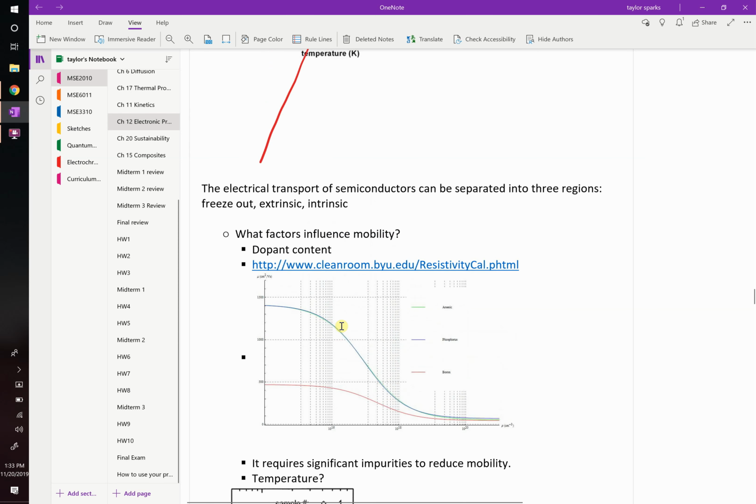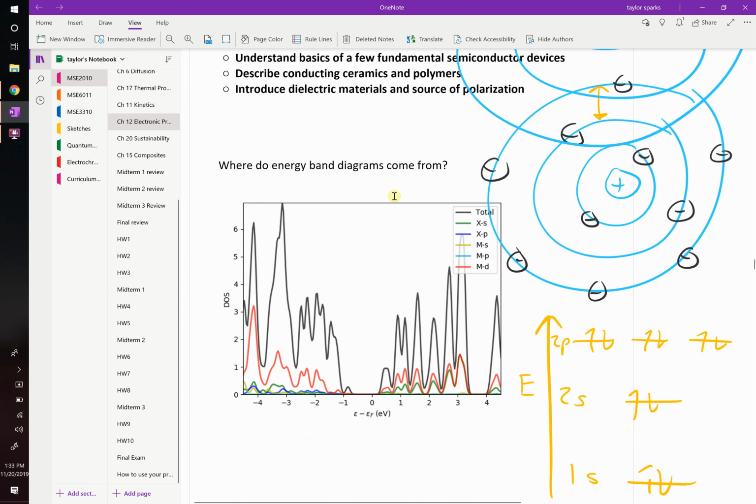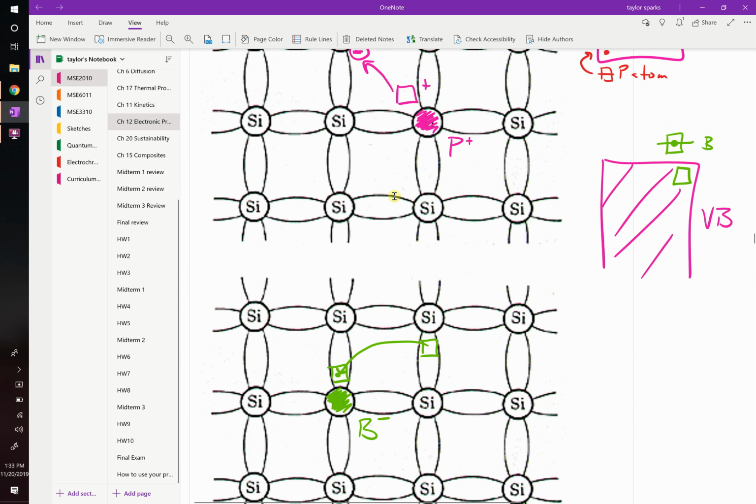Here they're showing mobility. Sorry, the tiny scale bar on that. That is mobility versus carrier concentration, N. The more and more dopants that you put in a material, as you dope it 10 to the 15th, 18th, 20th, whatever those are, your mobility starts to fall to some minimum value. Why should dopants influence it? Well, think about it. What are dopants? Dopants are nothing more than this.